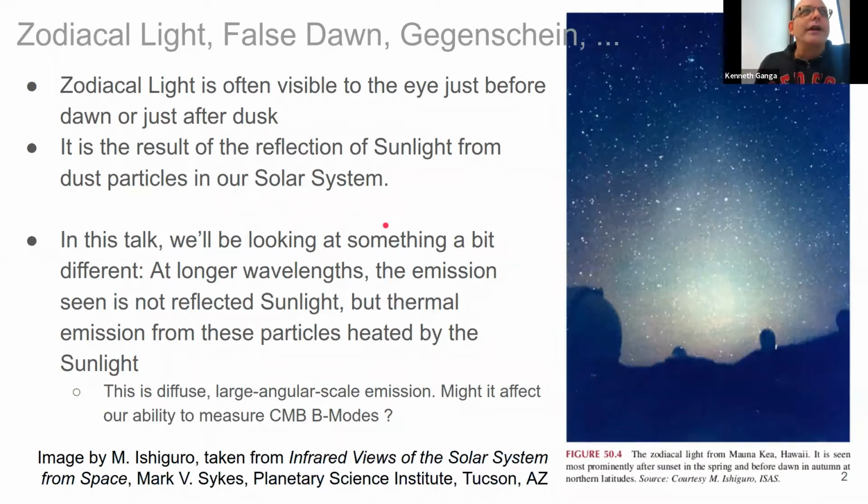And hello, everyone else. I'm going to start out with just talking about what is zodiacal emission. Some people know, but sometimes people don't know. Then I'll talk a little bit about LiteBIRD, and then I'll try to show how the zodiacal emission will show up in LiteBIRD.